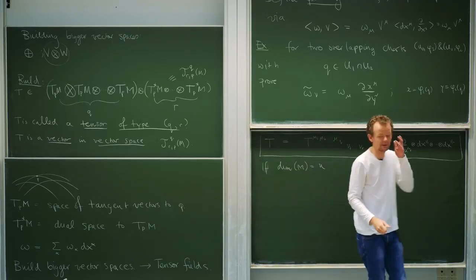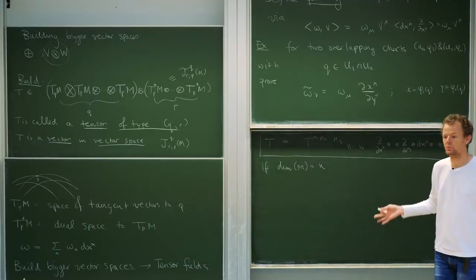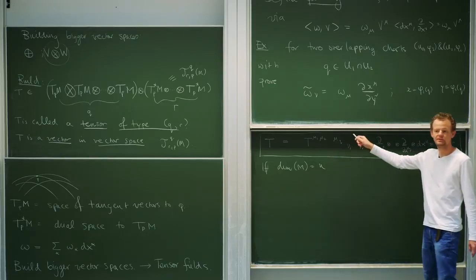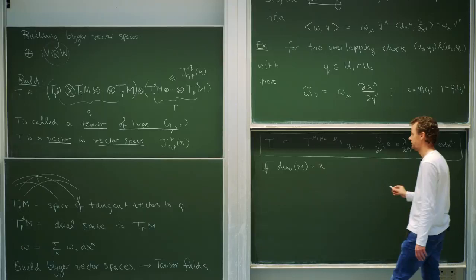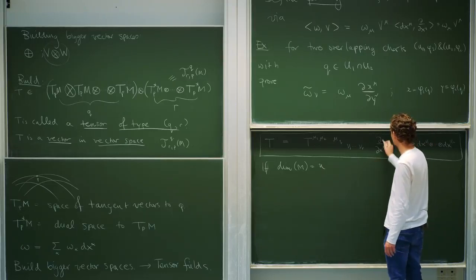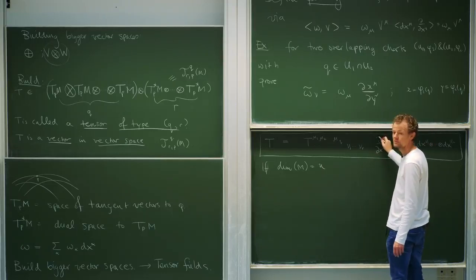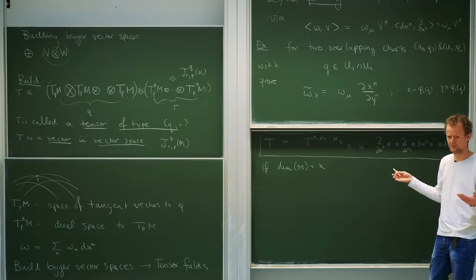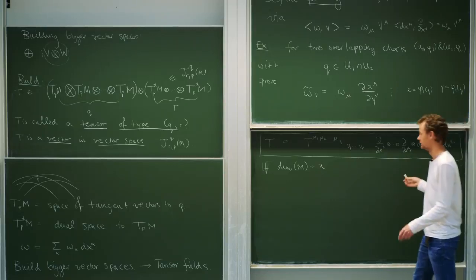So if our manifold has dimension n, we can wonder how many coefficients we need to specify one of these tensors. And the answer is, well, you need n to specify a vector in either the tangent or the cotangent space. And if you tensor vector spaces, the number of basis vectors grows multiplicatively.